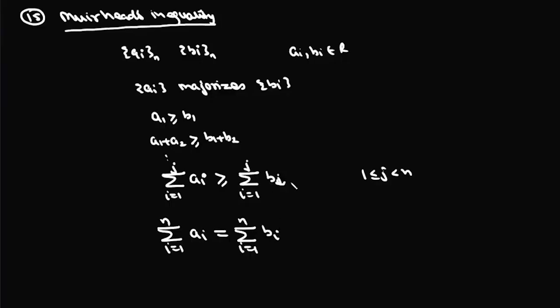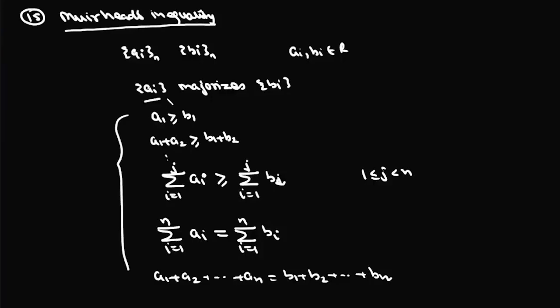That means a1 plus a2 up to an must be equal to b1 plus b2 up to bn. So if we have these conditions, then we'll say sequence AI majorizes the sequence BI.